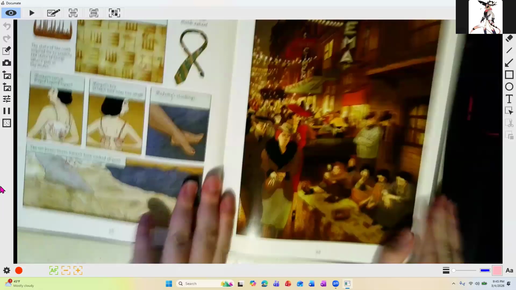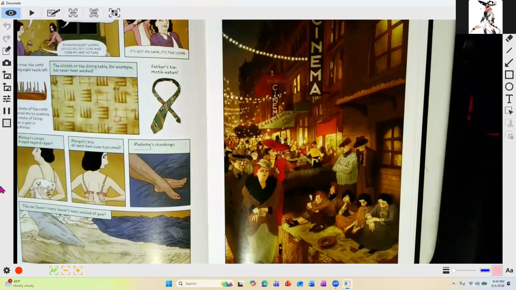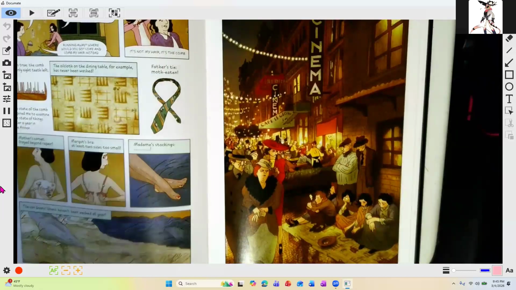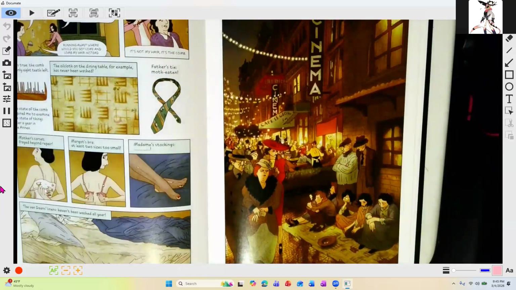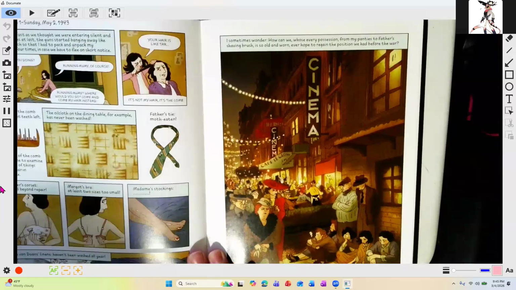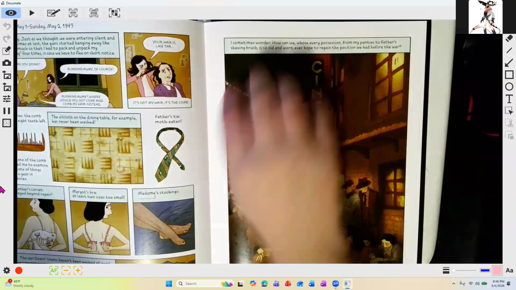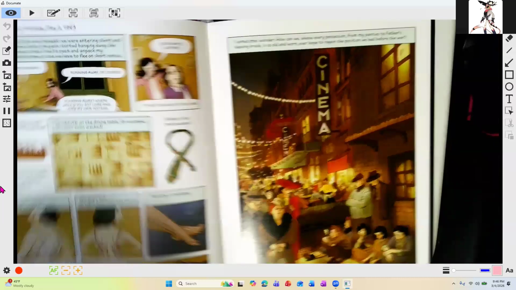Let's do this picture right here. So, what is the background? Take a second to think about that. What is the foreground? What is the midground? The background is a night sky. We can see some blackness, some grayness peeking in.